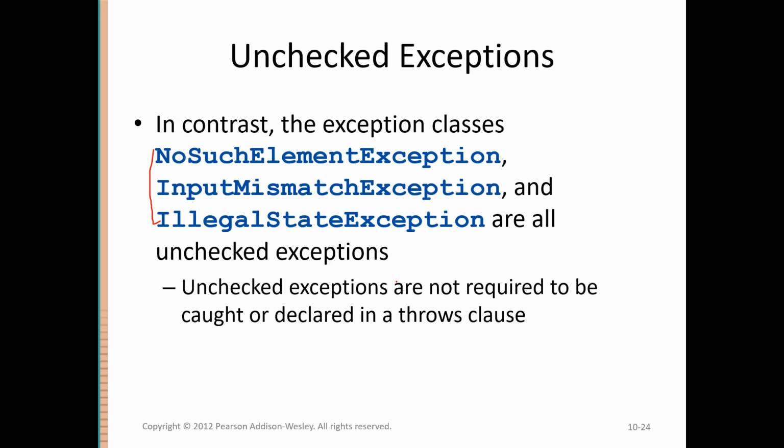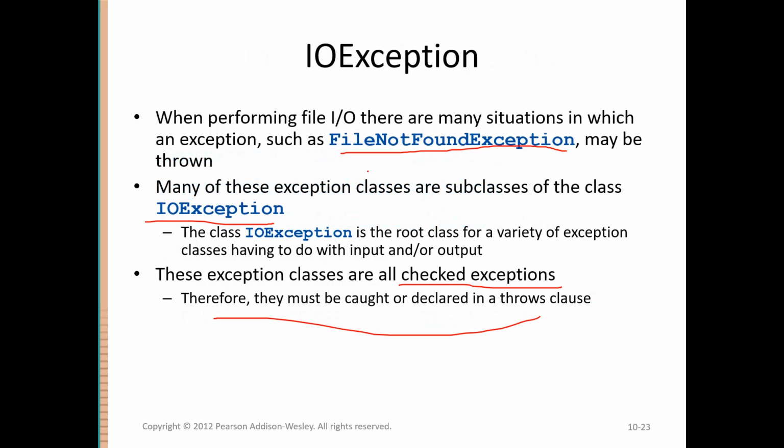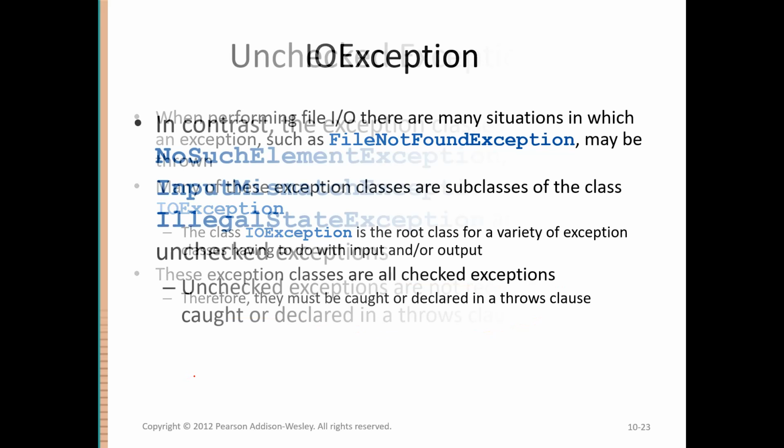These are unchecked, which means they are not required to be caught or declared in a throws clause. But with checked exceptions, you have to either catch them with a try-catch, or make the method throw the exception that you're not catching yourself. If you remember this discussion from last week when we talked about exceptions.